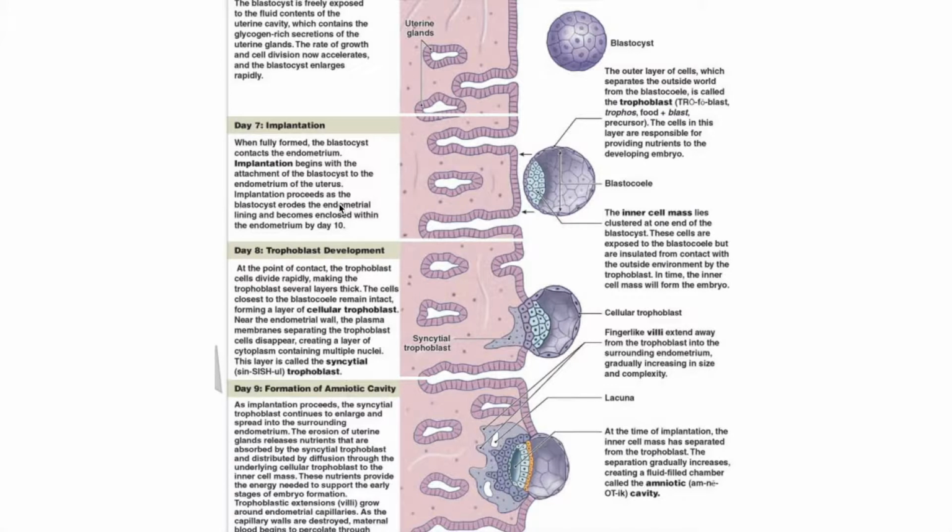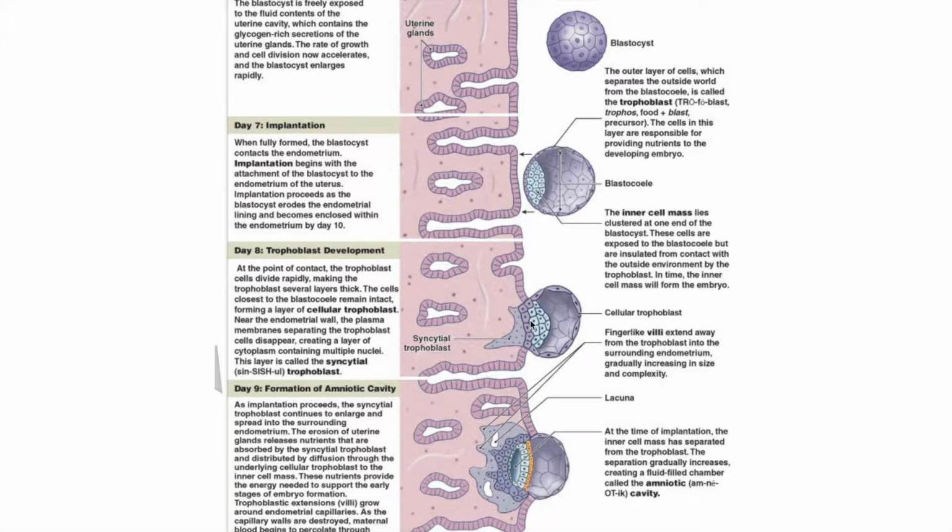Around day 7, the blastocyst touches the endometrium wall and implantation begins. The blastocyst erodes the endometrial lining and becomes enclosed within the endometrium.